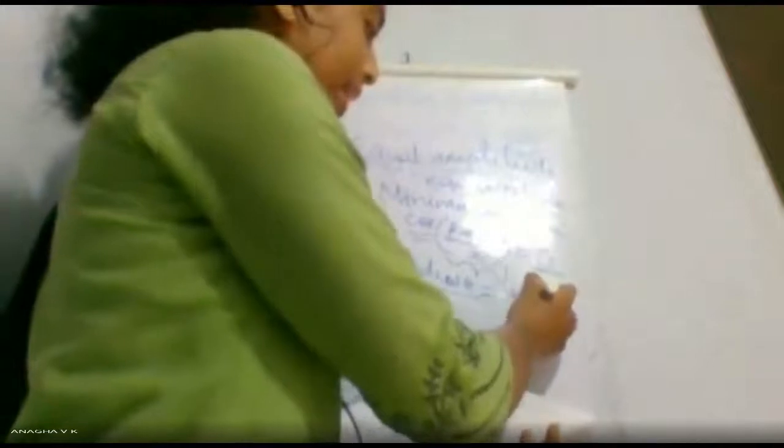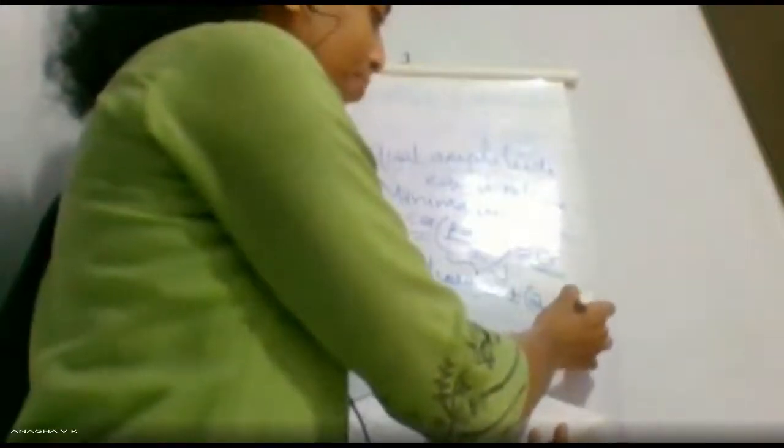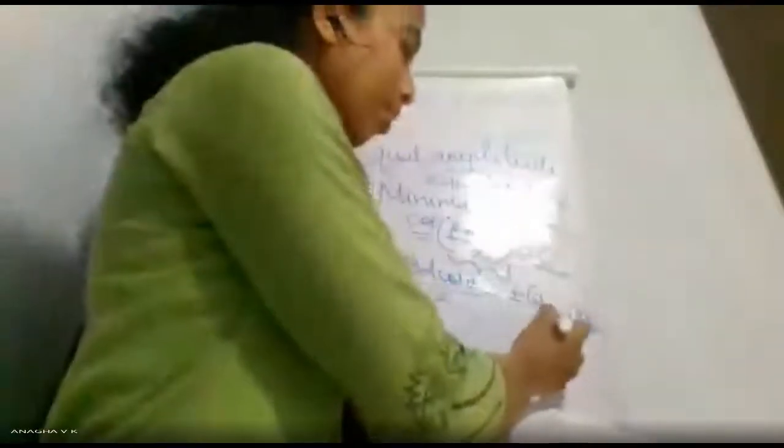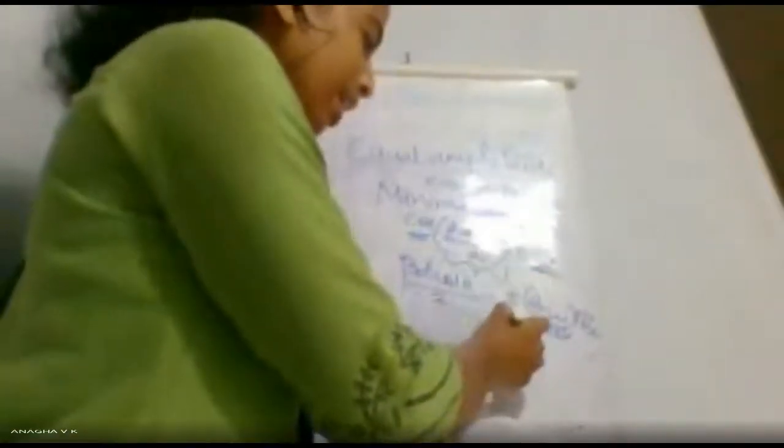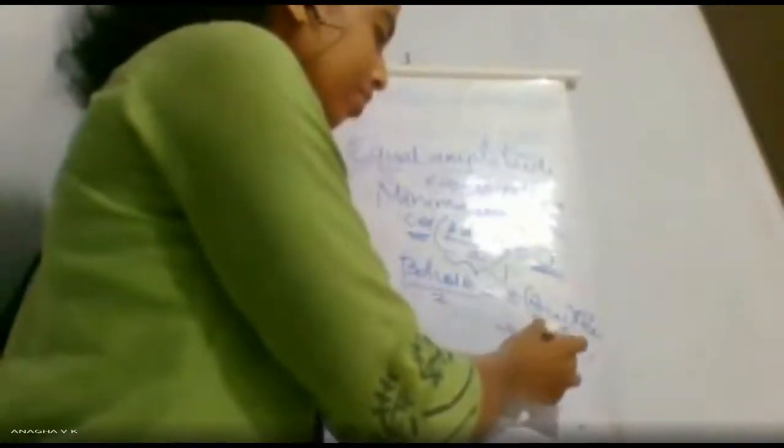That term will be plus or minus (2n plus 1) pi by 2. It is an odd multiple of pi by 2 because the cos value is 0, where n equals 0, 1, 2, etc.